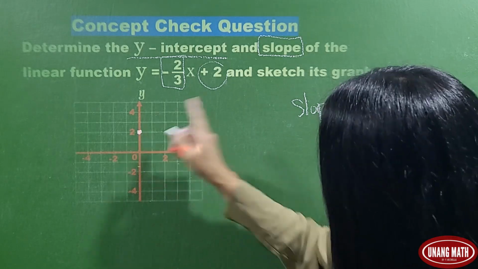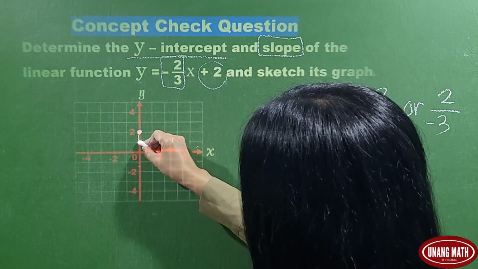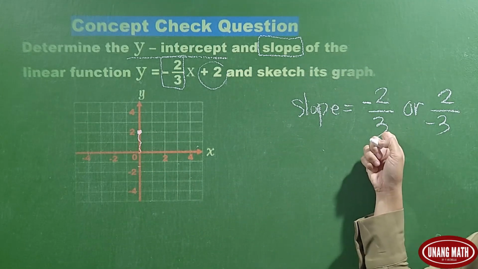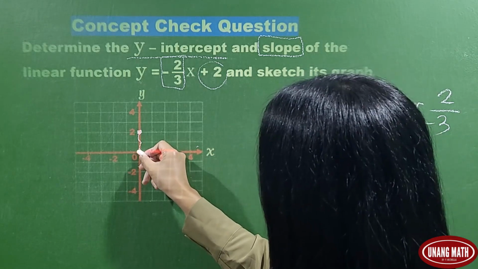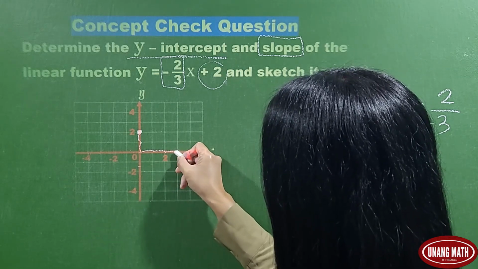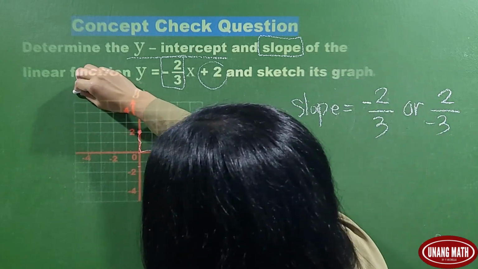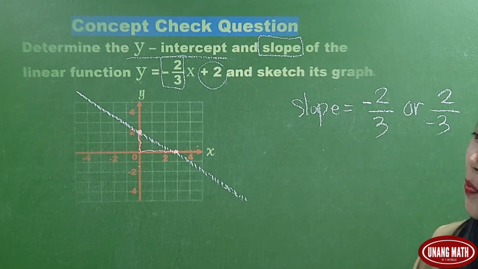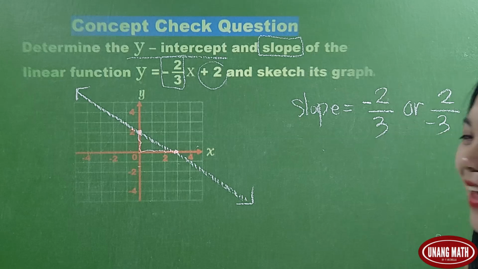Since this is negative, we will be moving 2 units going down. So 1, 2. From here, change in x is 3 or positive 3. So we have to move 3 units to the right. So 1, 2, 3. So the other point is this point. And if we connect these 2 points, then the graph looks like this.